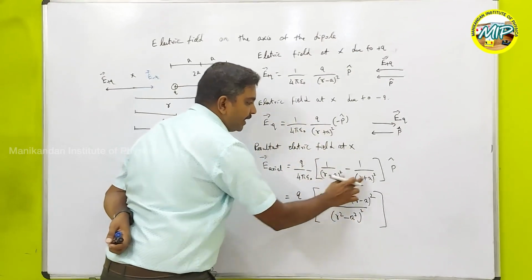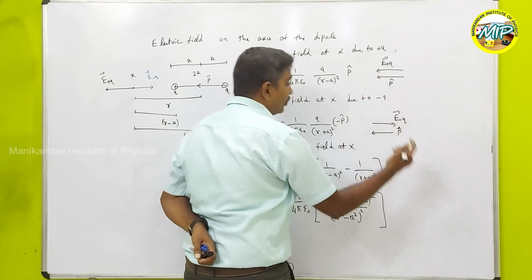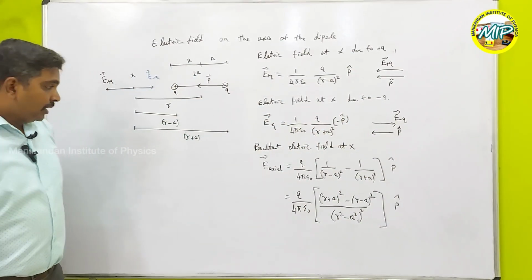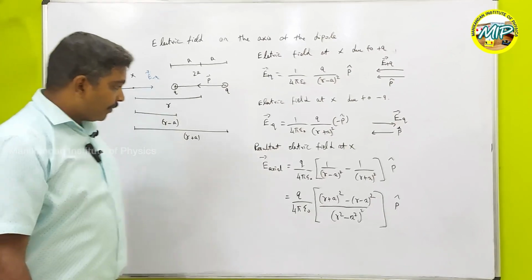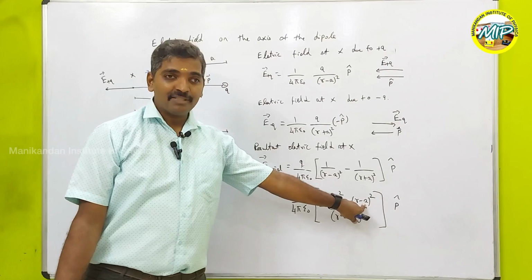Okay, a plus b, a minus b. So into we have p cap in both terms. I'm going to expand this in terms of (a plus b) whole square, and this in terms of (a minus b) whole square.